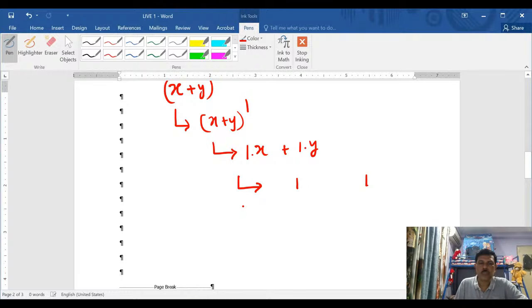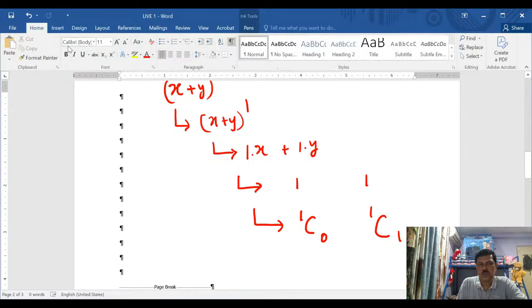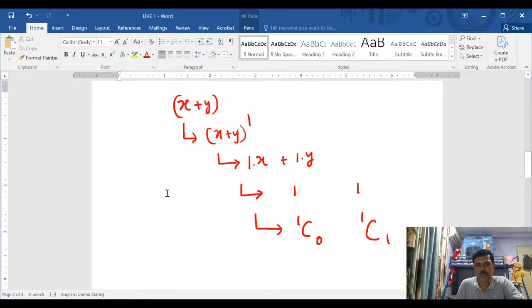We are writing only coefficients, but this one I would like to write in our binomial theorem terminology. That means I write this as 1c0 and 1c1. Generally this is how we need to express our x plus y.